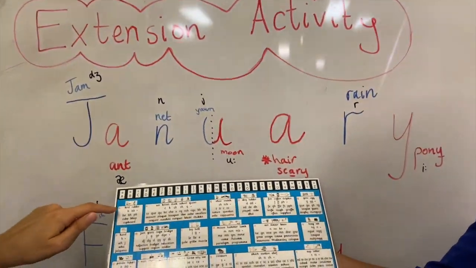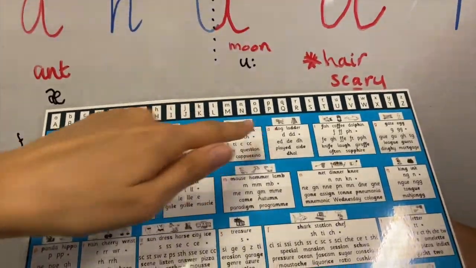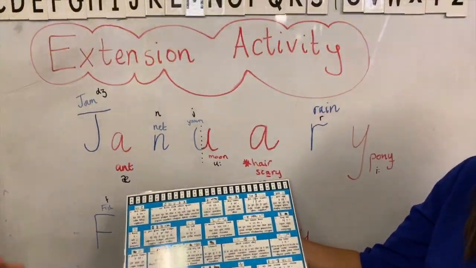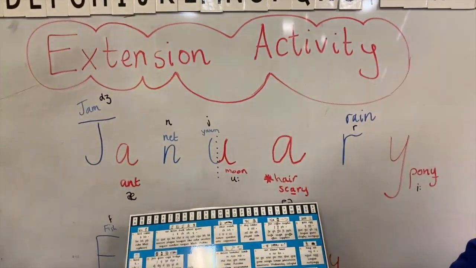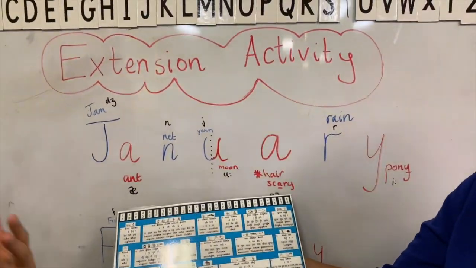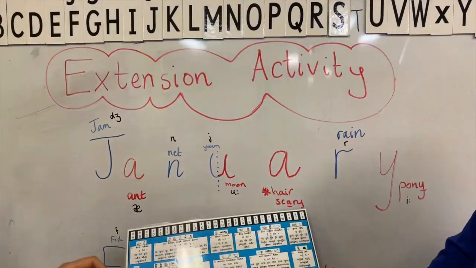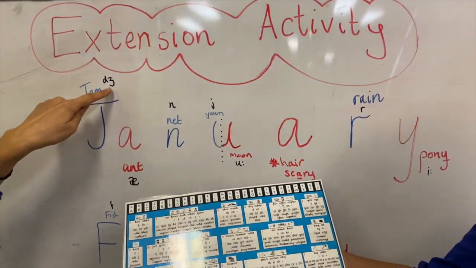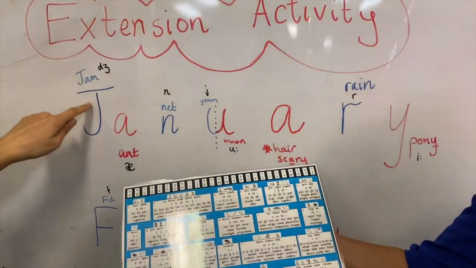And see this red symbol in the boxes? That's your IPA. So for your older children, your grade 4, 5, 6, even grade 3 can attempt, grade 2, however you're feeling. If you feel like attempting it, that's great. So that's the J phoneme. So that's why I've put it in black there, the IPA. So J as in jam.